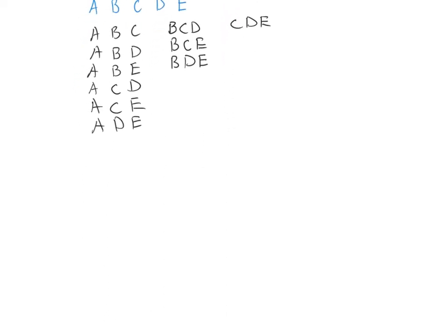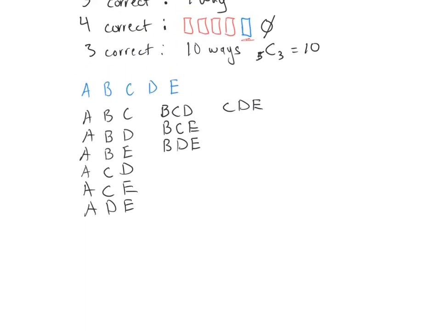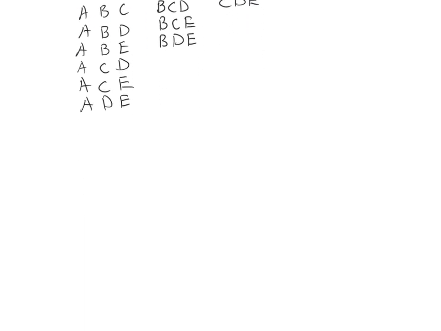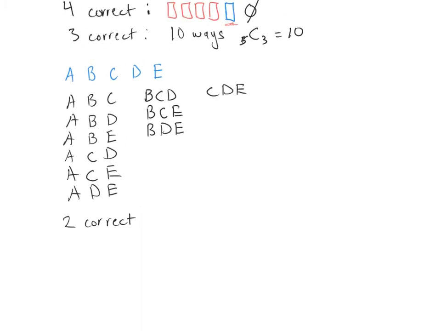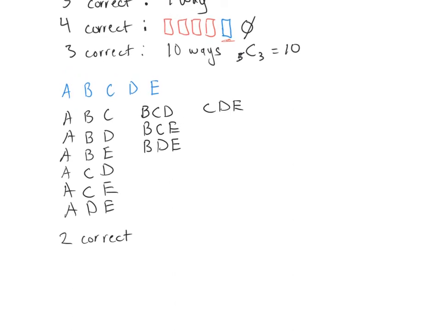Let's talk about what if we got only 2 correct, right? 2 correct, different combination. And here also to remind you, when we have these 3 correct ways, if I drew a picture, if we have 3 correct, then for the incorrect, there are only 2 letters left.